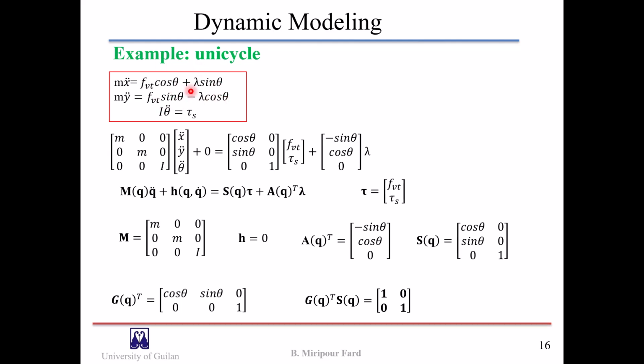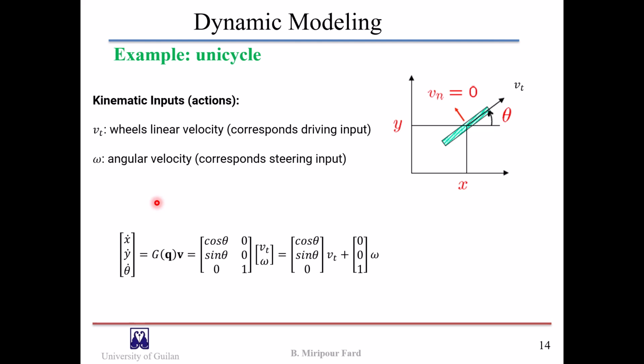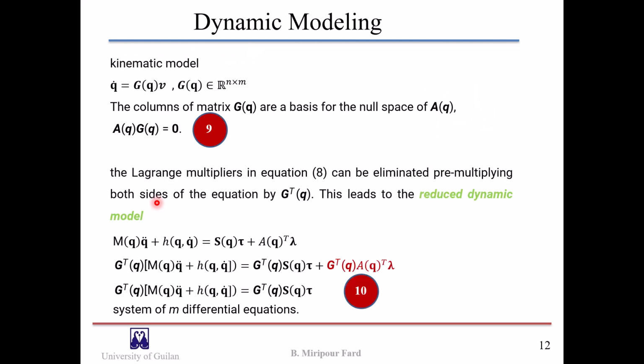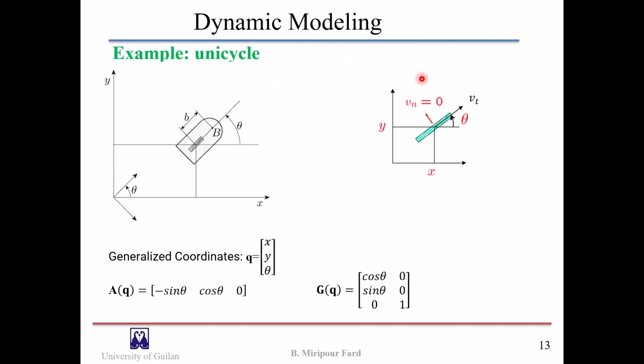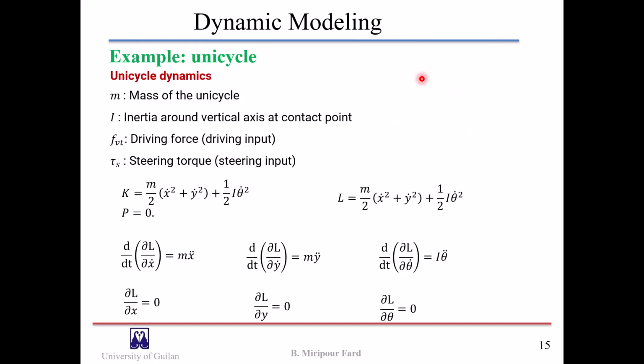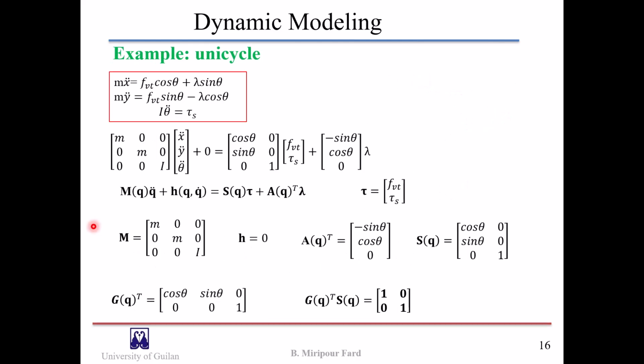red box. The obtained dynamic model can be written in the matrix form, you can see here, and comparing this matrix form with the equation we have obtained before, that was equation 8, the first row of equation 8, we can obtain these matrices.